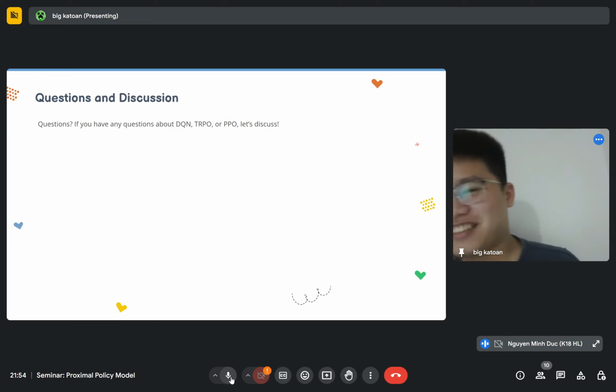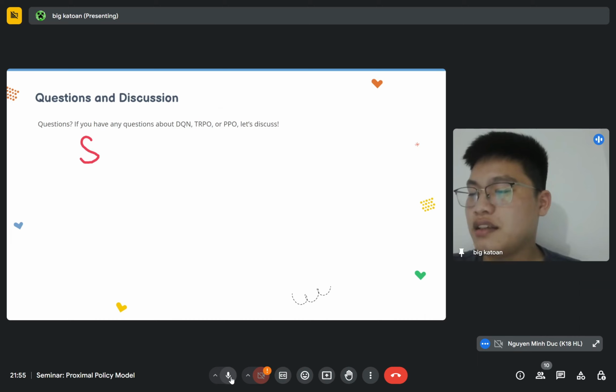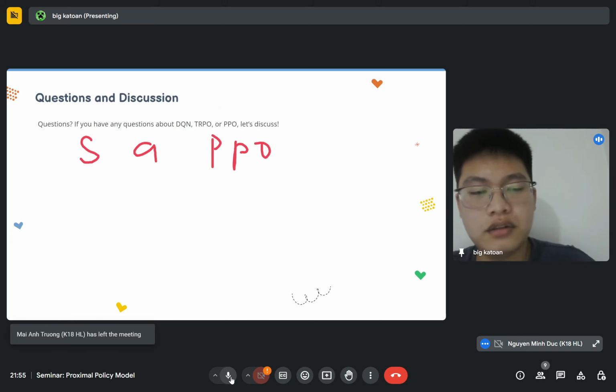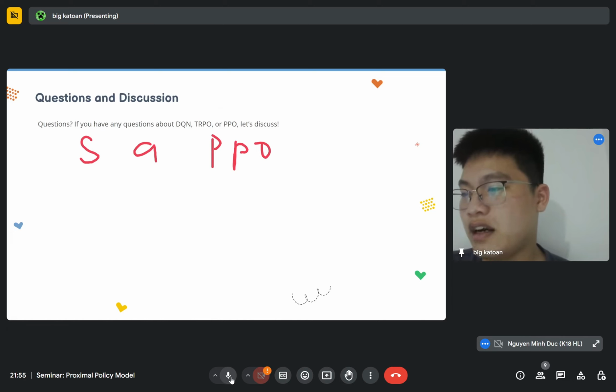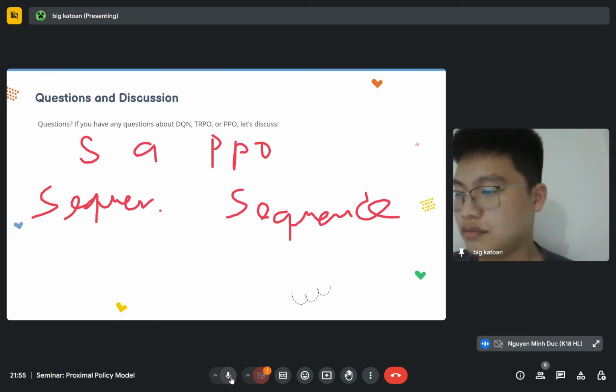Okay, so is PPO in large language models exactly the same PPO you talk about here? Yeah, it's really the same. You just change the state and the action of the PPO into the input and output of the LLM. The input is a sequence, and the output is a sequence. Okay.